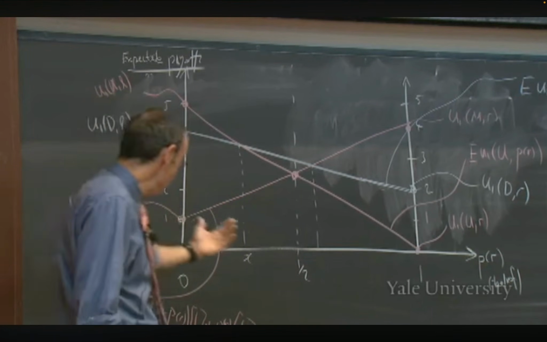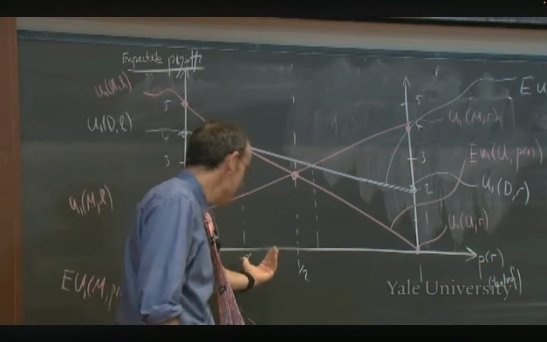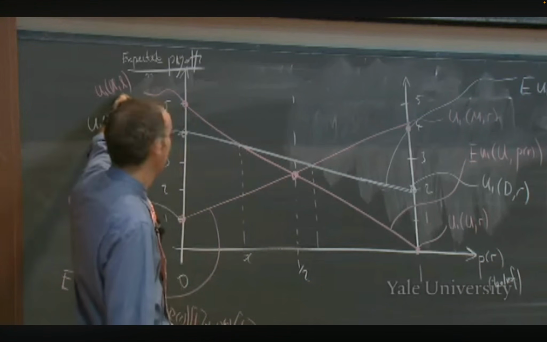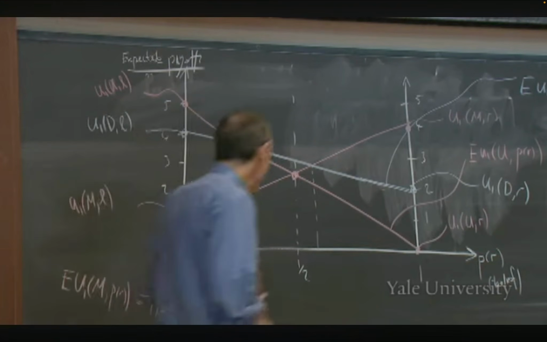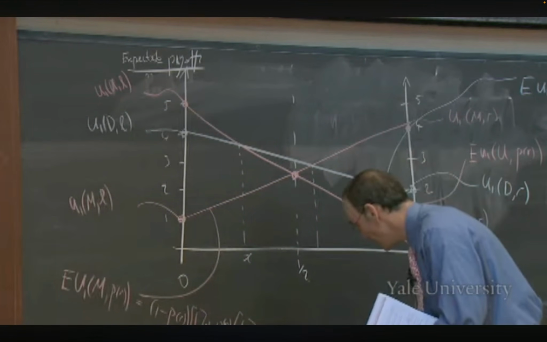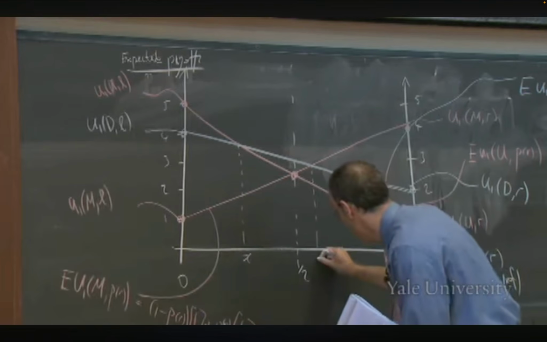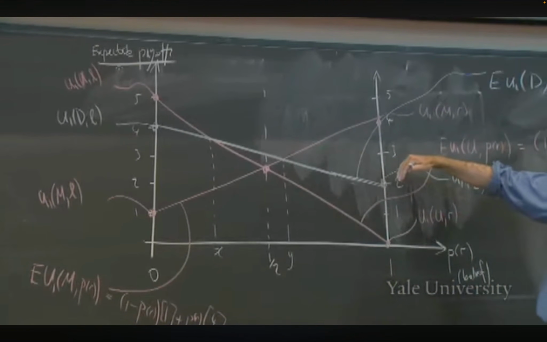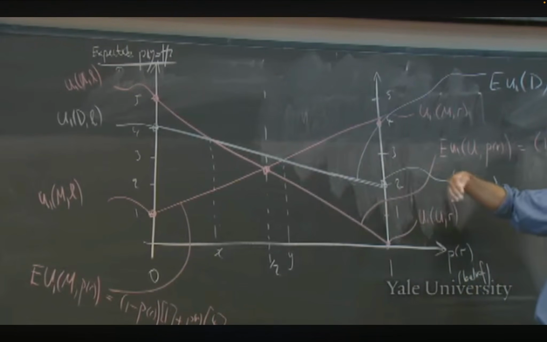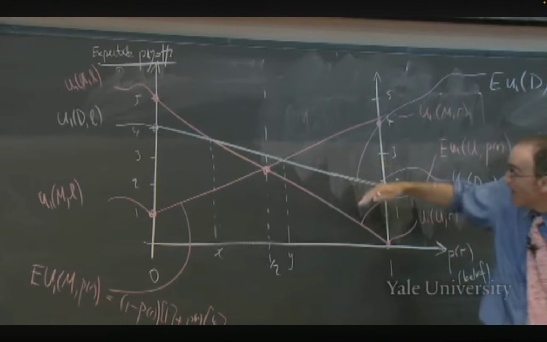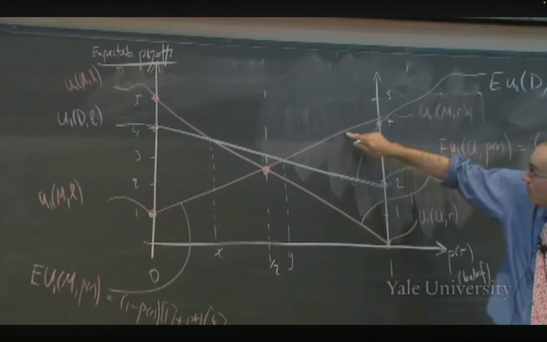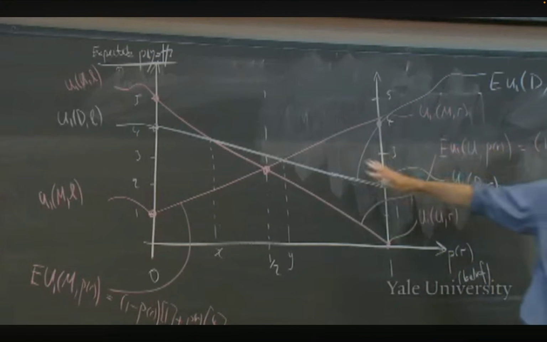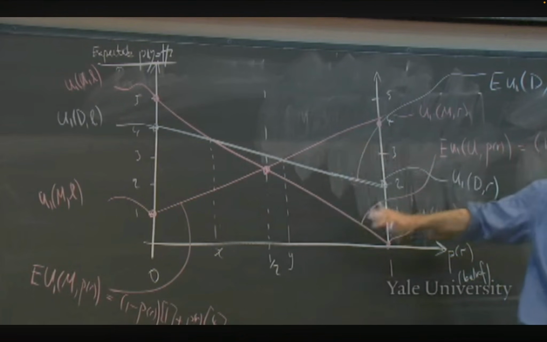Conversely, if I think it's more likely than this crossing point y, that the probability they're going to choose right is more than y, then the highest line of these three is this one, which corresponds to my choosing middle.